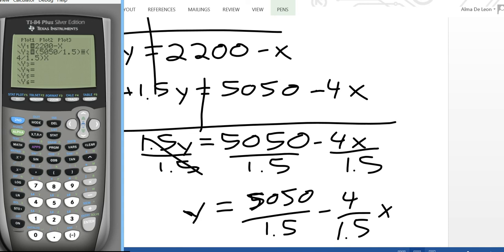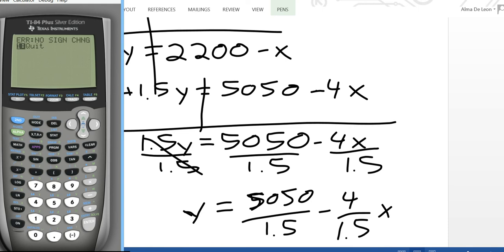Now, my calculator does not have the feature where I can input a fraction. But you should be inputting these as fractions using the keys alpha y equals enter. Okay, so now what I have to do is second trace number 5. I need to wait until my graph actually graphs both of my lines. And once it does that, I'm going to press enter 3 times.